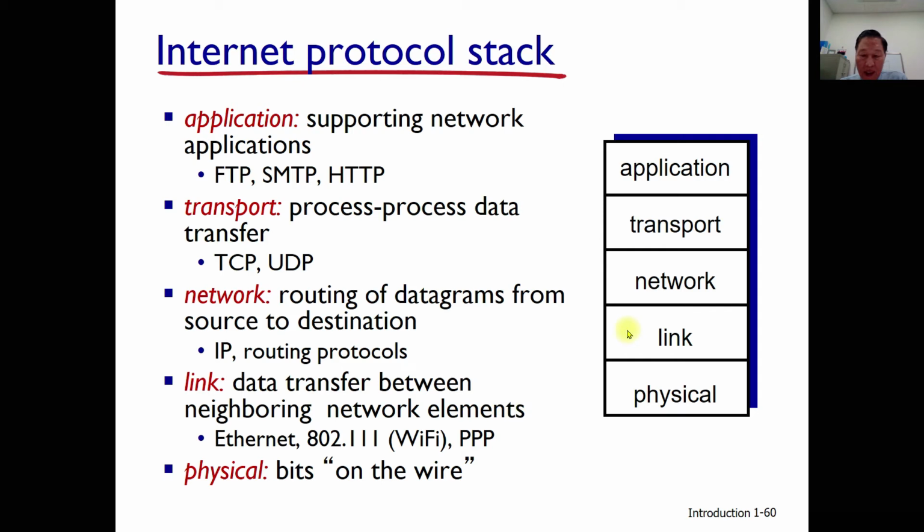And this one can be used, for example, for Ethernet, 802.11, or 802.11 a/b/g, that is Wi-Fi, or 802.1, 2, 3, 4, 5. That is the sequence number of the standard number.